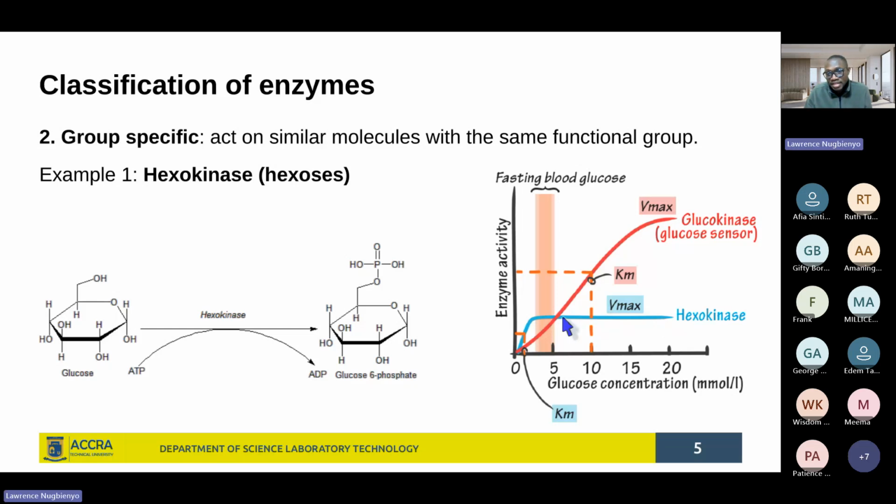The activity of the enzyme is proportional to the increase in the concentration of glucose in the blood, as you can see, and so the activity of the enzyme will result in an analytical signal that can be recorded, to measure what we refer to as the fasting blood sugar.